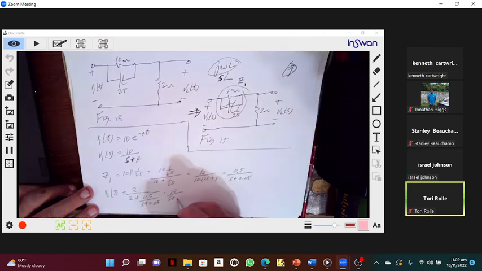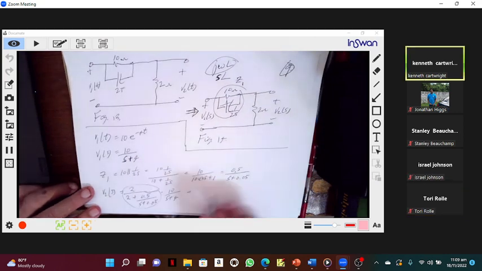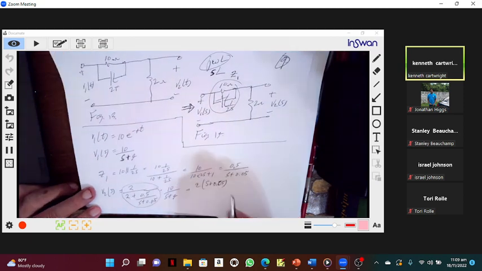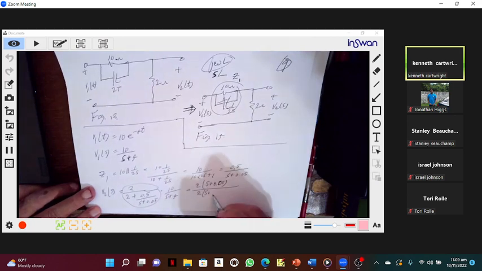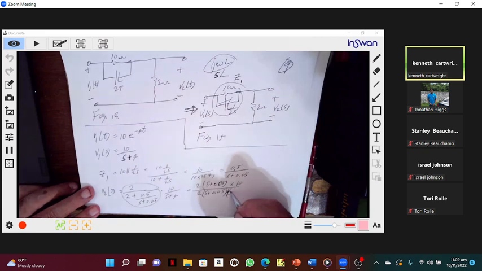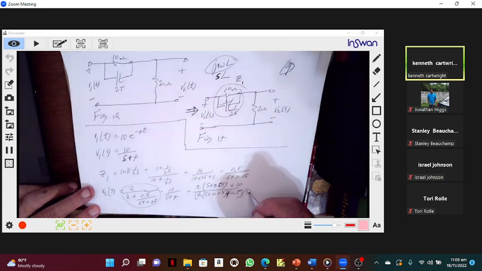All right. This first one we can simplify by multiplying top and bottom by s plus 0.05. So 2 times s plus 0.05, divided by 2 times s plus 0.05 plus 0.5, times 10, times s plus 4.